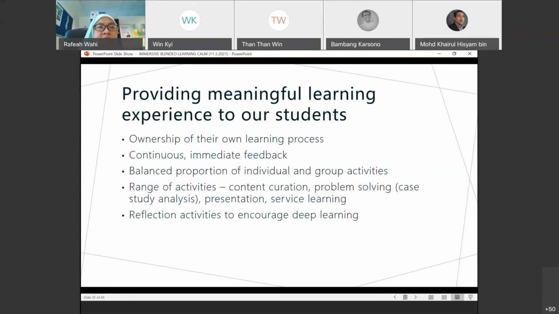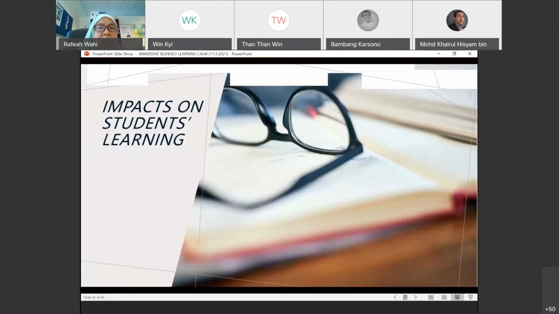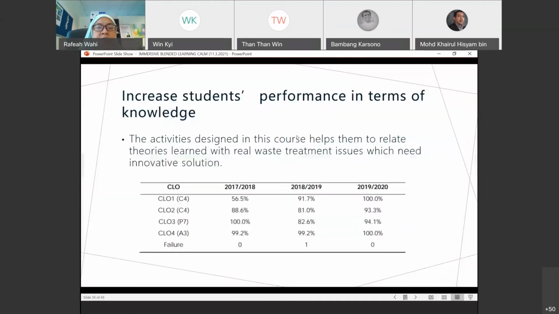We know there are different types of learners, VARK. So we try to vary the activities so that more students can be involved in the learning process. So, reflection activities to encourage deep learning. These are the impacts on our students' learning, measured. These are the things that we can measure, but there are many more things that we cannot measure.